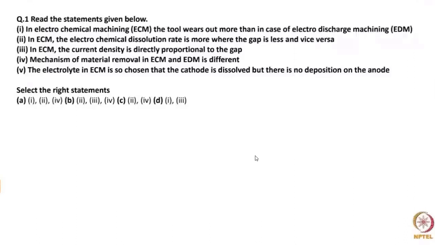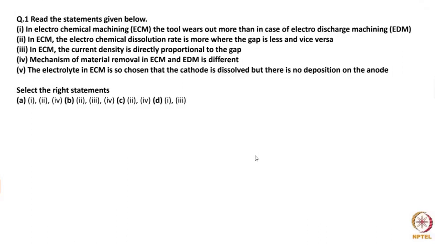The tool also undergoes a little wear, and there are smaller abrasives as well, and by the vibrational energy of the tool, it is converted into the kinetic energy of the smaller abrasives by the impact motion. So that was another material removal mechanism in USM. The third one was some chemical reaction-induced material removal.